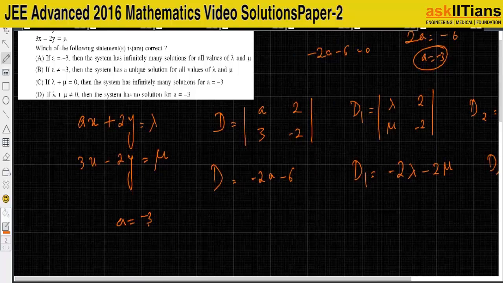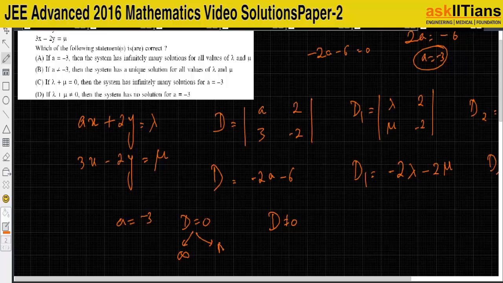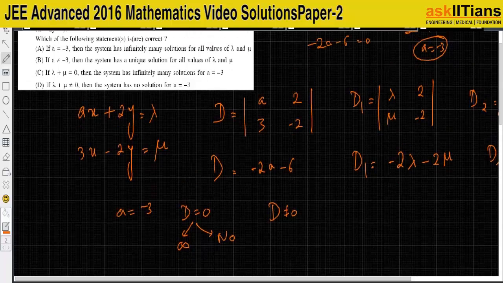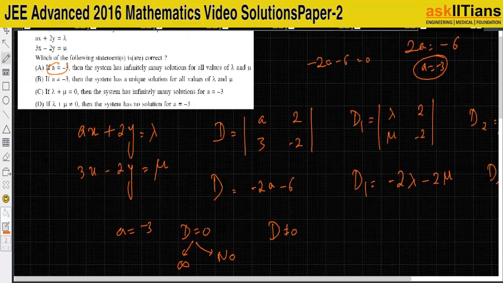If D is non-zero, then I get a unique solution, and if D is 0, then either I'll get infinite solutions or no solutions. Option A says that if A is minus 3, then the system of linear equations has infinitely many solutions for all the values of lambda and mu.